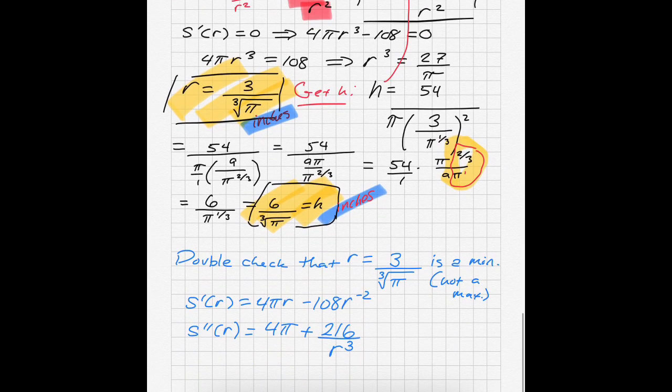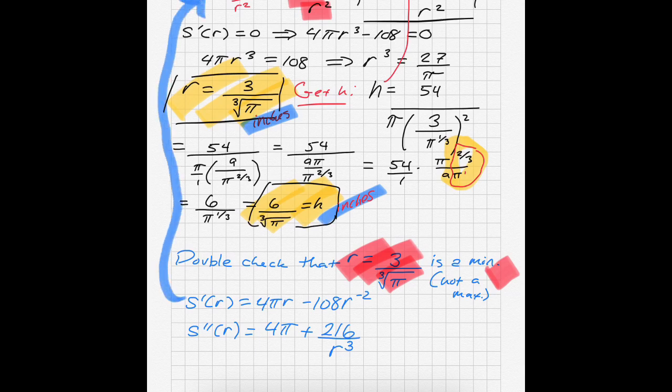Now, at the end here again, I want to double check that the r that I found is a min as opposed to a max. To do that, I looked at my derivative, right up here, and found the second derivative.